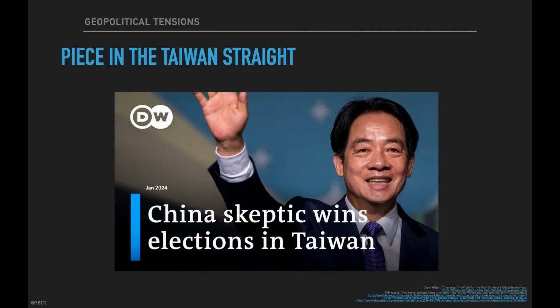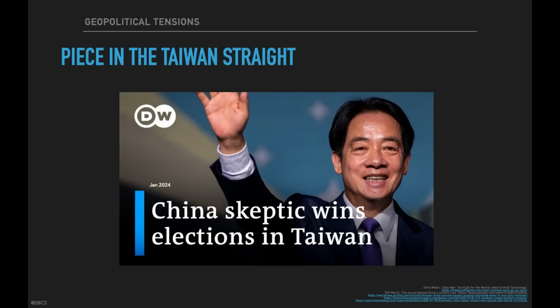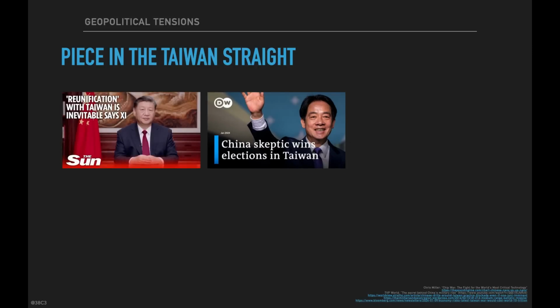Another thing that's maybe even more dangerous, or at least also very dangerous, is the geopolitical tension that comes with that. You probably know that Taiwan has a pretty strong democracy, and they recently had an election where a China skeptic won it and is now the president.